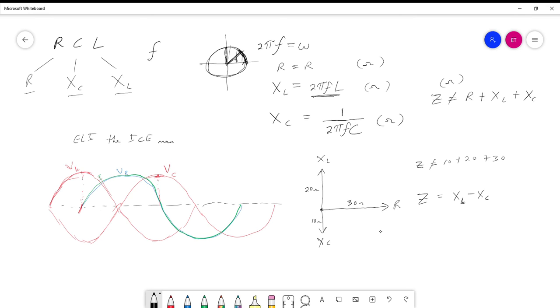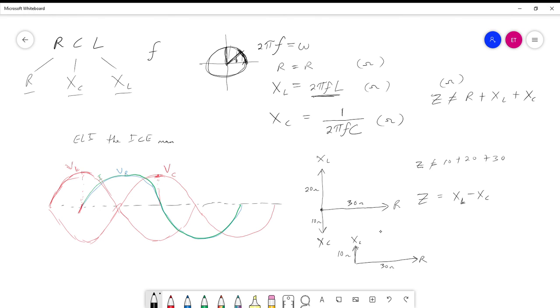So we can use the Pythagorean theorem. After you've done that, let's look at what we're left with. We're left with 10 ohms, right, of net reactance, and it's inductive. And then we still have our 30 ohms of resistance.